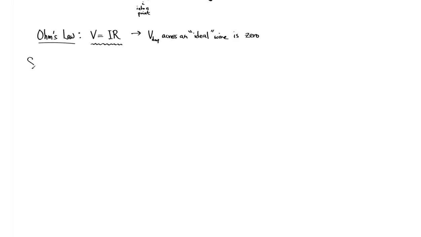So I'm going to write down some helpful tips for solving circuits. And these are basically more or less things I've just already said, but I just wanted to write it down in a more formal way.